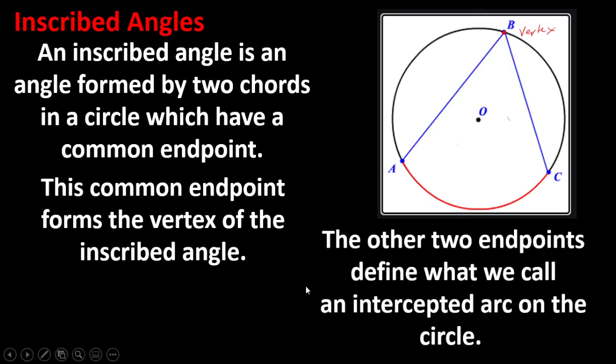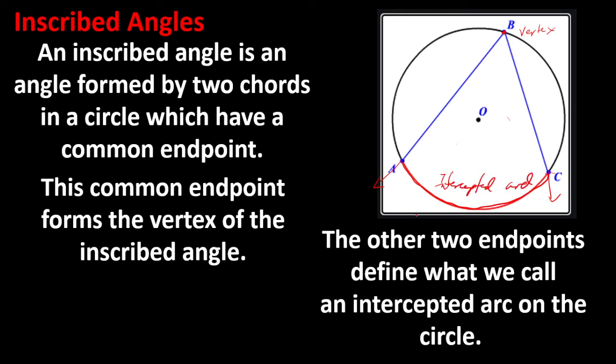Next, the other two endpoints define what we call an intercepted arc on the circle. So, if we have inscribed angle ABC, it has its own intercepted arc. So, ano yung na-intercept niyang arc? Ano yung hinarang niyang part ng circle? This is what we call the intercepted arc.